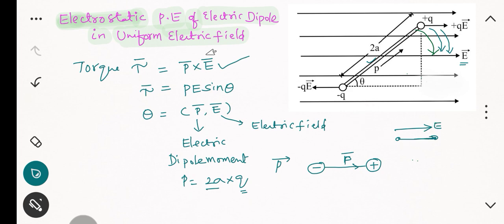Now, in order to calculate the electrostatic potential energy of an electric dipole, we have to apply an external torque such that the electric dipole will rotate in a direction opposite to the direction of the electric field.